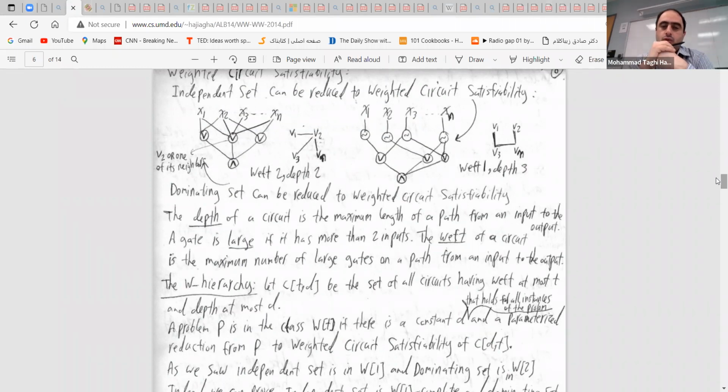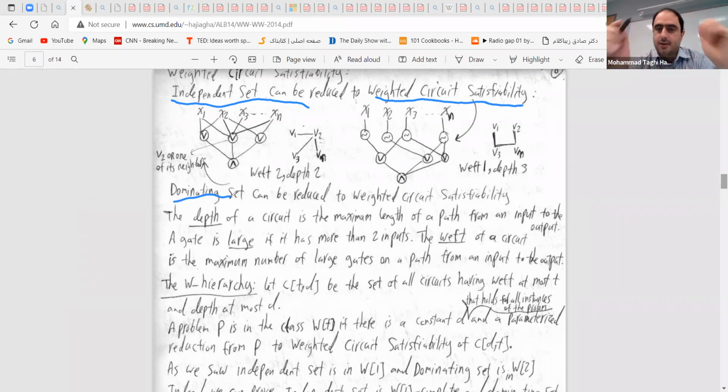Now, what do I want to show? I want to show that independent sets, as well as dominating sets, can be reduced to the weighted circuit satisfiability problem. For both of them, I want to say that I can solve these problems by solving some circuits.